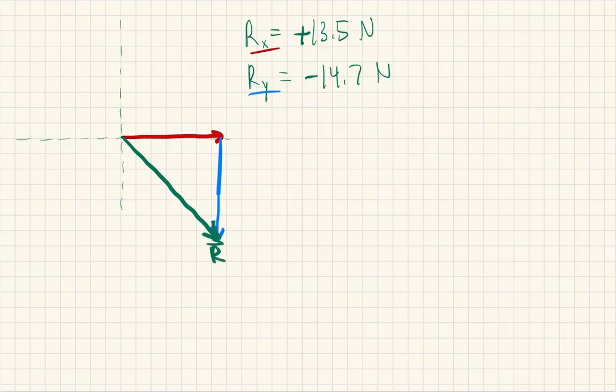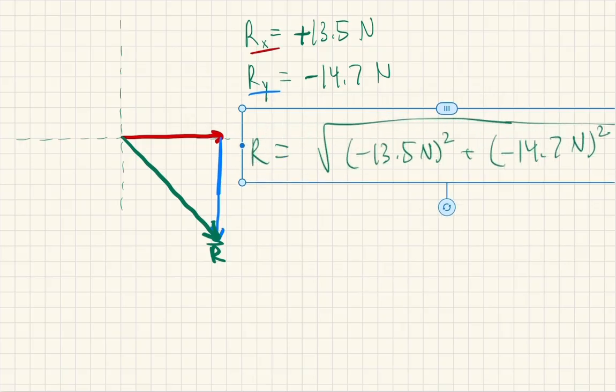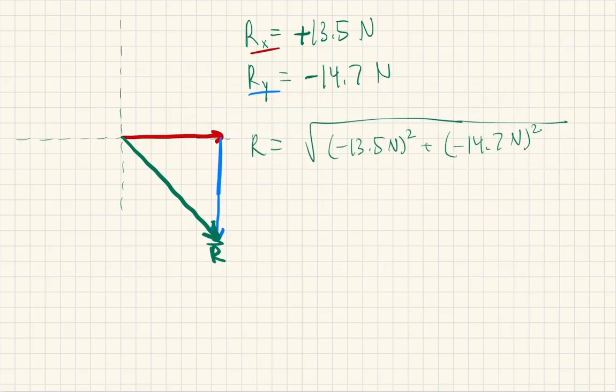Now, in this case, I want to talk about how we're going to find the angle. The magnitude is actually going to be the same. As you can see here, even if we make the 13.5 positive, it doesn't change anything. The magnitude is still going to be 20 newtons.